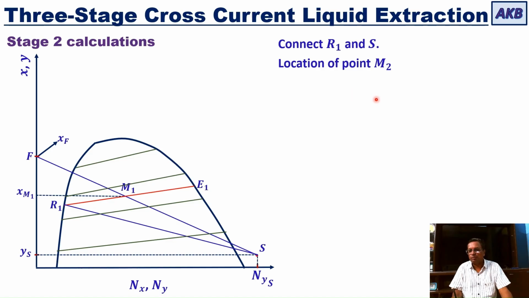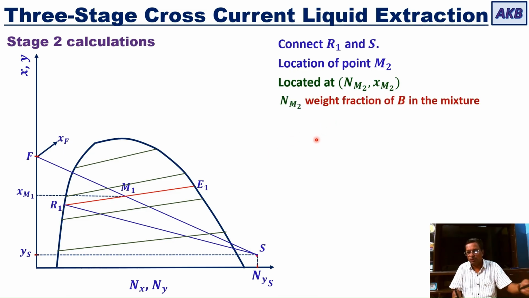Then I have to locate point M2. For locating point M2, I need its coordinates. Its coordinates are NM2 and XM2, but knowing XM2 is sufficient. We have just seen how to get XM2, because earlier we got the equation for XM2. NM2 is the weight fraction of B in the mixture, so I just have to locate XM2. There is no need of NM2.